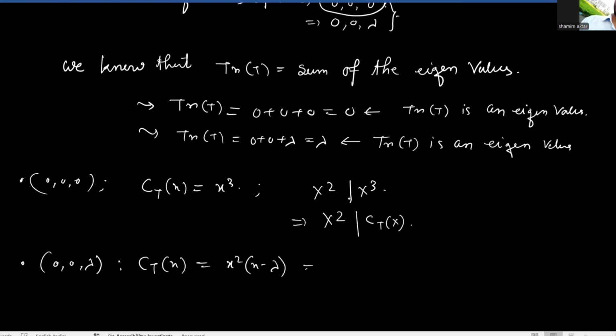So x squared divides x squared times (x minus lambda), that is, x squared divides the characteristic polynomial of T in this case also.